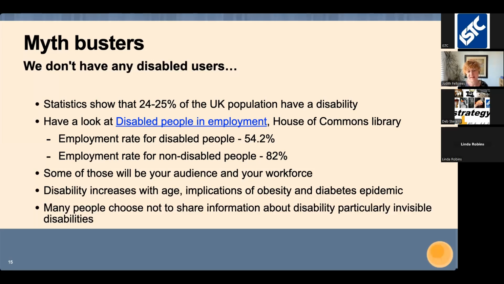And the other key factor is many people choose not to share information about disability, particularly invisible disability. And that is because there is still a lot of discrimination for people with certain disabilities in certain roles, because that gap, 54.2% employment rate for disabled people, 82% for non-disabled people, that's not necessarily anything to do with ability and capability.